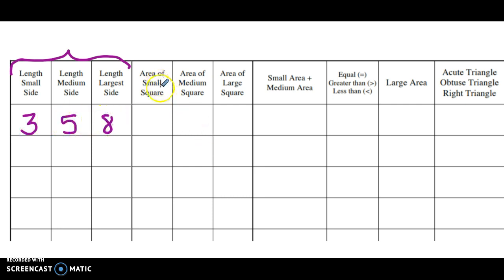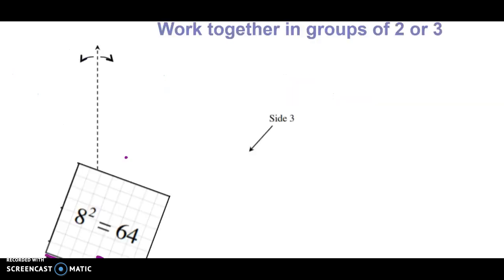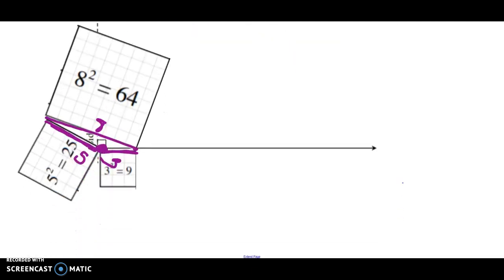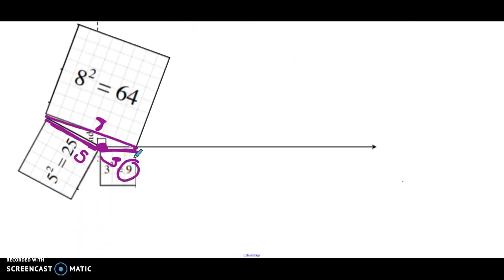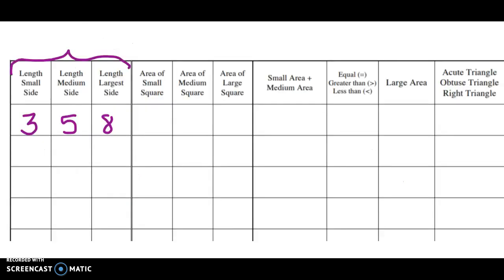Then it says area of the small square. There are two ways you can do it. You can just look at the squares and see that they have areas of 9, 25, and 64. Or you can do 3 times 3 is 9, 5 times 5 is 25, and 8 times 8 is 64.